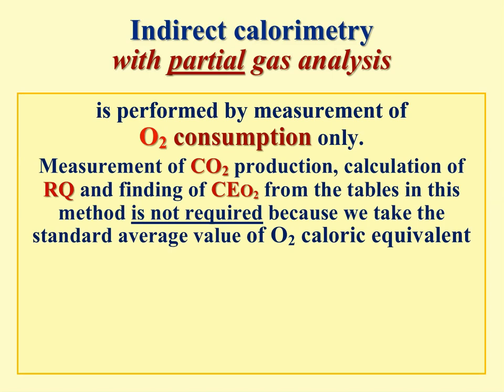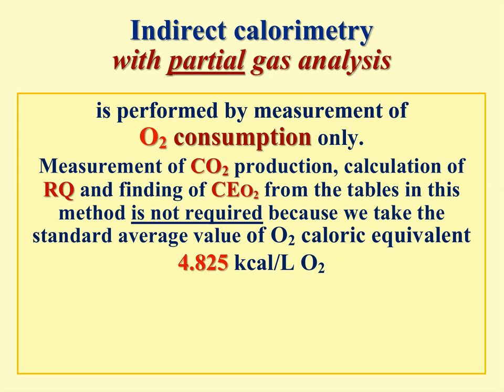And we don't calculate the respiratory quotient, we don't find a caloric equivalent, because we simply take the standard value of this index. Simply 4.825 kilocalories per each liter of oxygen. Without measurements, we decide that it's low probability that a person oxidated only fats or only carbohydrates. The exact proportion can be slightly different, but more or less, it will be close to the average value of the oxygen caloric equivalent, which we know already without any measurements.